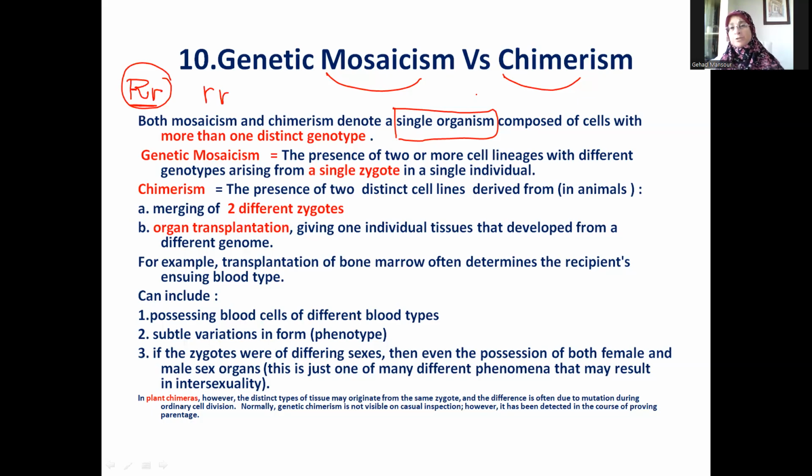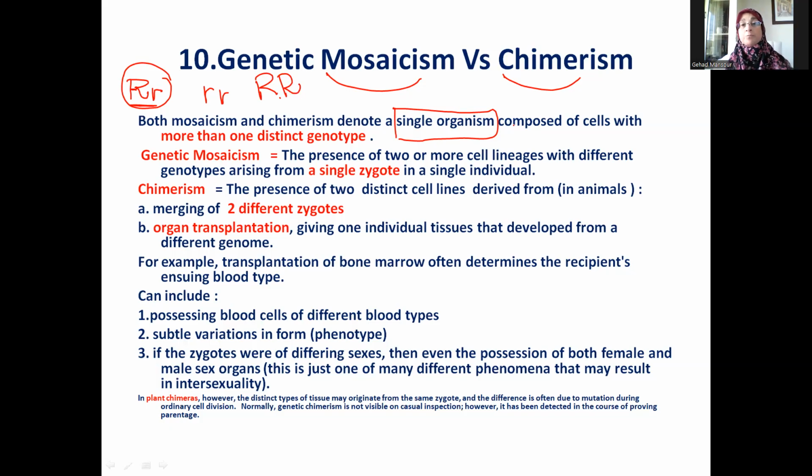Of course, I'm just giving you a theoretical example, meaning that the stem does not contain a color of the flower, but whatever the characteristic is, then you have patches where you have R capital, R small, patches where you have R small, R small, and other patches where you have, for example, R capital, R capital.